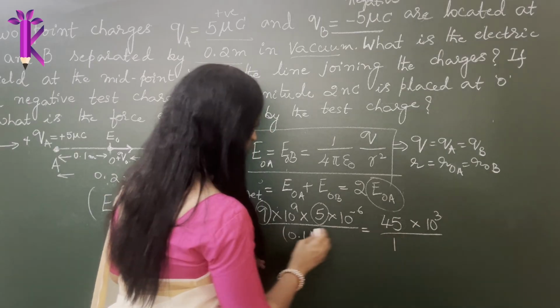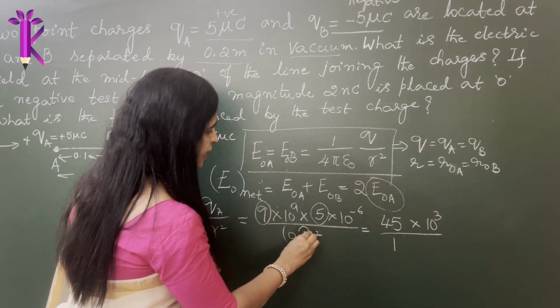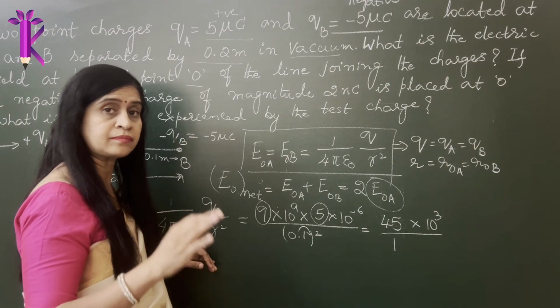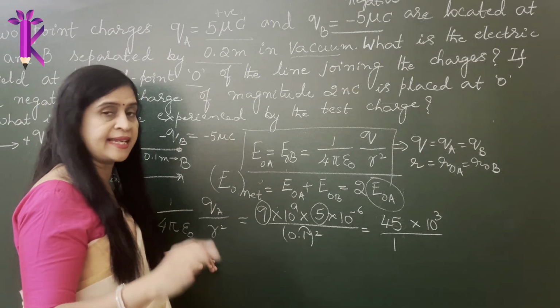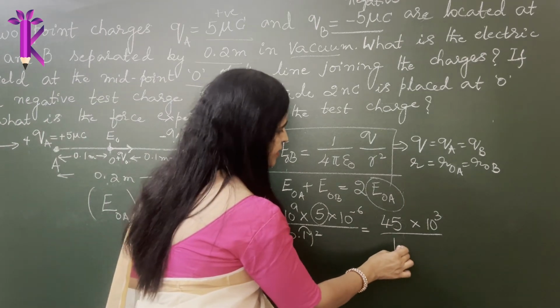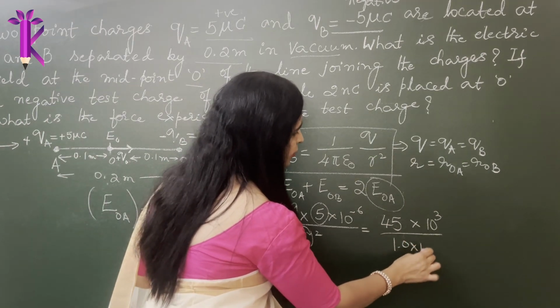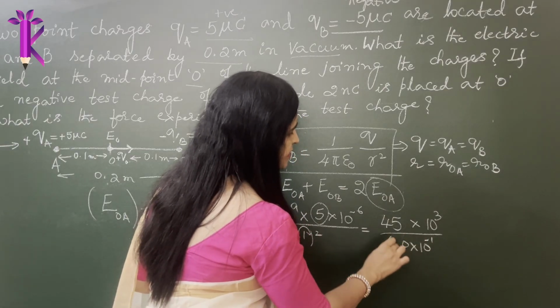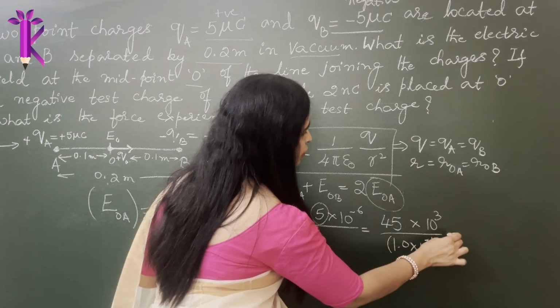Now, if you shift the decimal to the right, what will happen? The power of the index decreases. By how many digits? Since you are shifting only one digit, this becomes 1.0 into 10 to the power of minus 1, it decreases by one because you shifted by one digit.